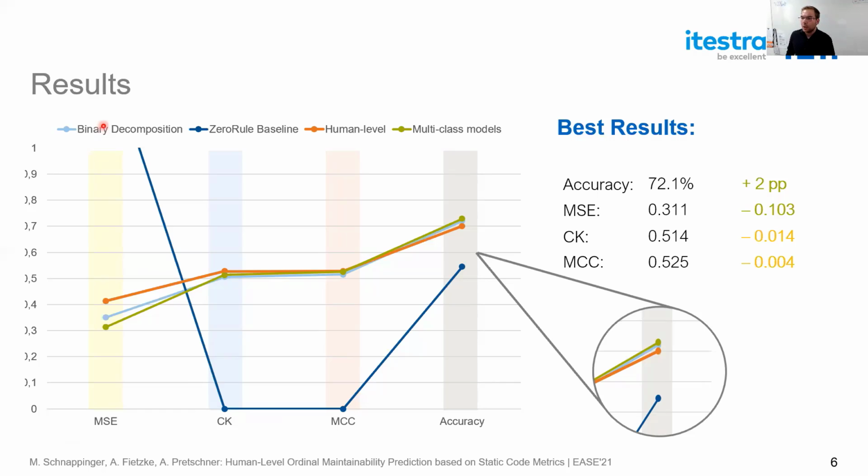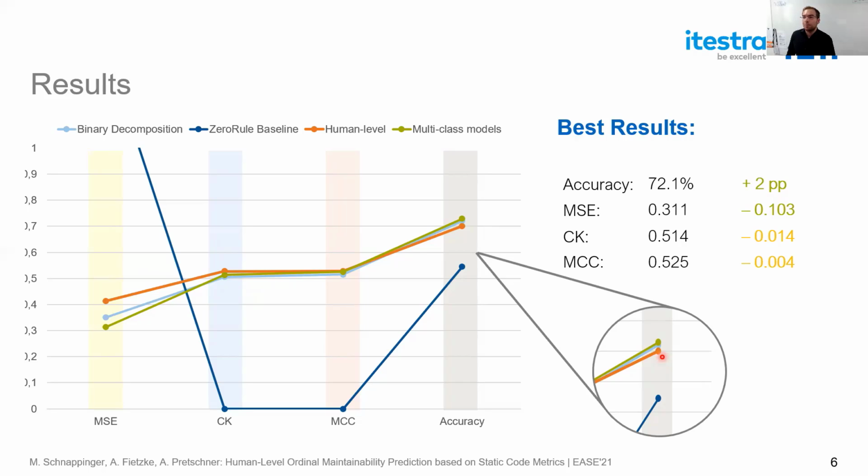But interestingly, if we look at the human level baseline, we can see that the mean square error of the human level baseline is actually above, that means worse, than the results that we got in our experiments. For Cohen's kappa and MCC, we can see that this is actually very close together. And for accuracy, it's also close together, but if we zoom in, we can see that actually the multi-class models and the binary decomposition models perform a little bit better than the orange baseline for the human experts.